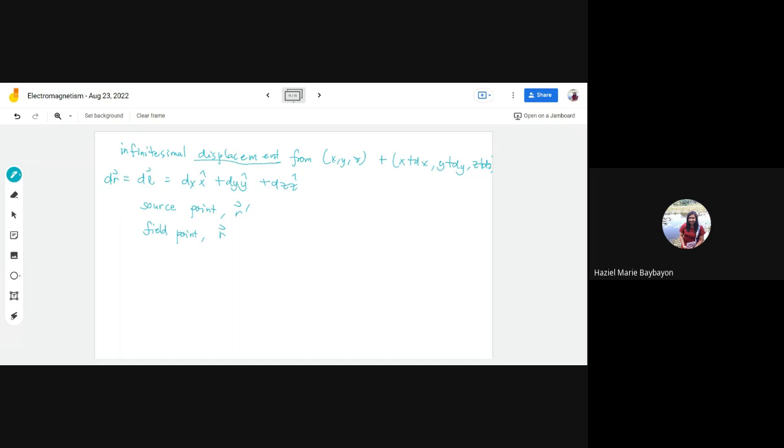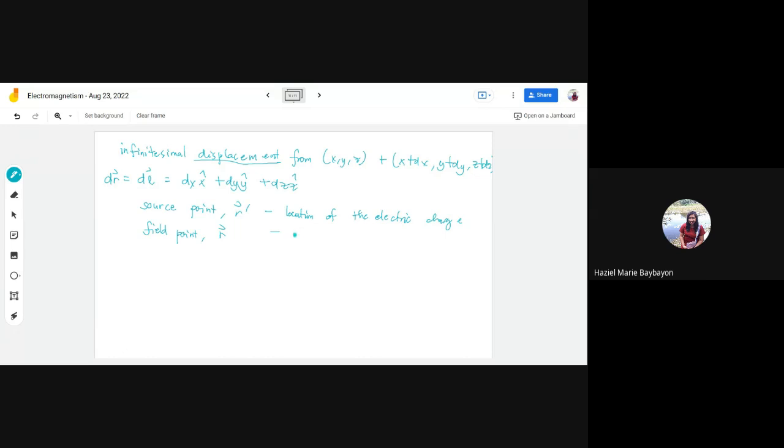And then ang field point kay the point wherein we want to get the electric field, or kuha na to ang electric potential ana nga point. So we can call that the field point. So the source point is the position or location of the electric charge, and the field point can be the point at which we are calculating the electric field or magnetic field.